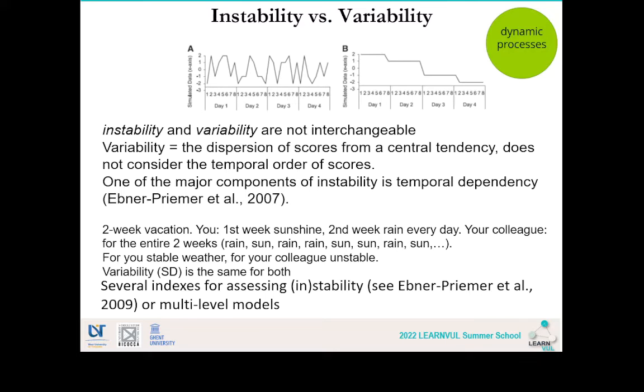For example, variability is how different you are from the mean. But in instability, think about your vacation: you had 1 week of sunshine and 1 week of rain, the first week rain and the other sunshine or vice versa, whereas your colleague has the same average, but it was 1 day rain, then sun, then rain, then sun.